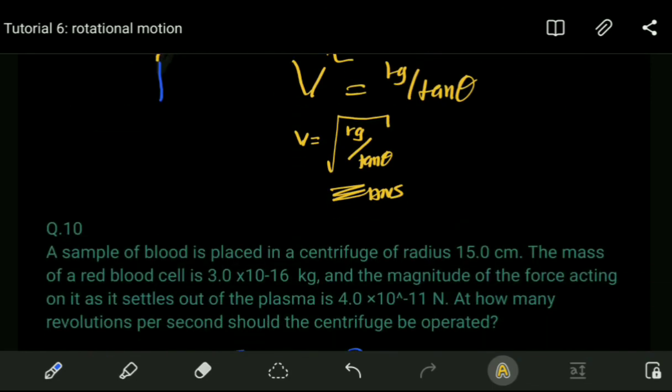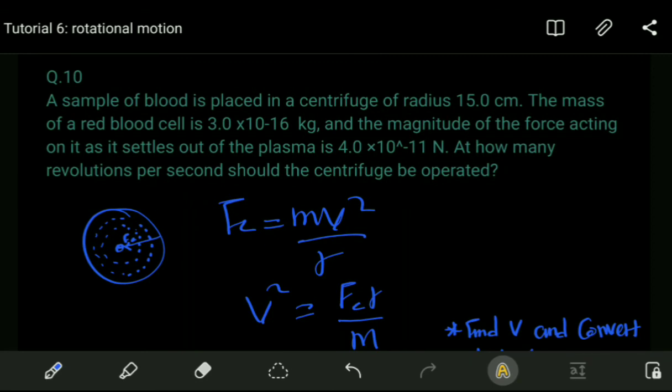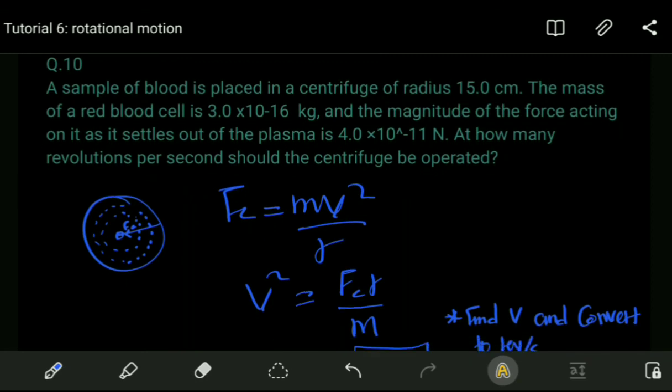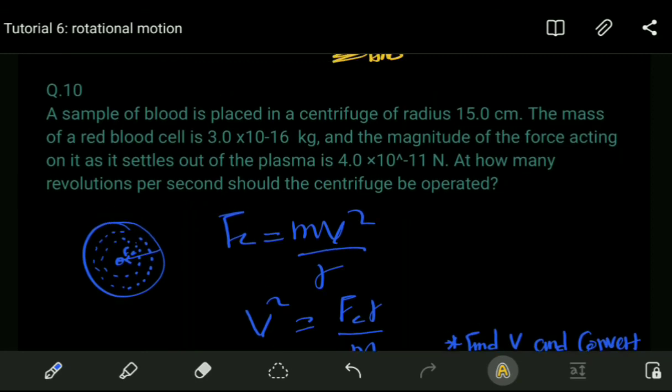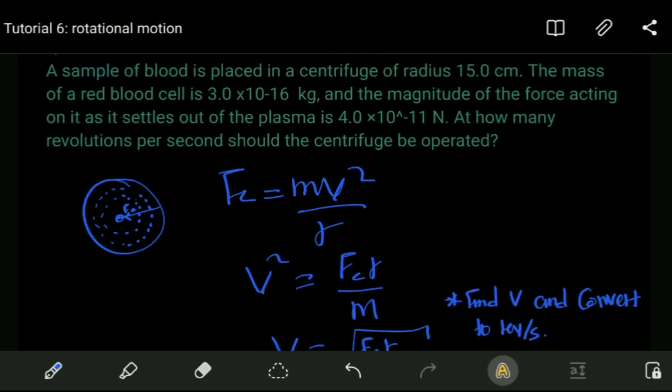All right, then question 10. Those doing physics 10, 15. Here you are given almost everything. You only have to find the angular speed. We know the centripetal force, which is acting on it as it settles out of the plasma, given as mv squared over r.